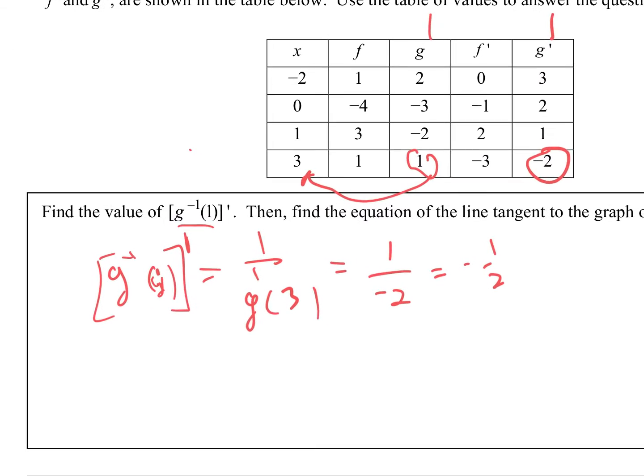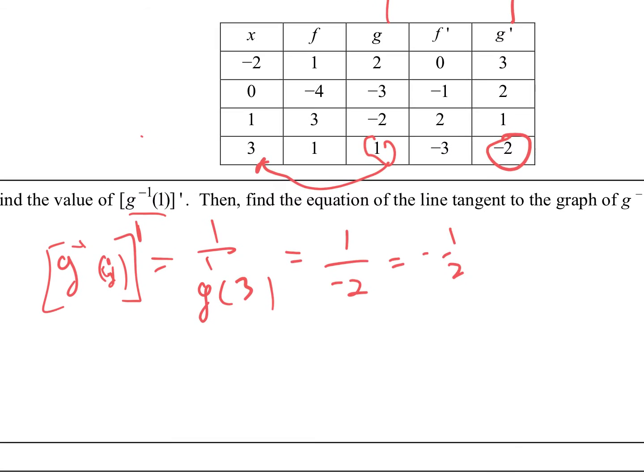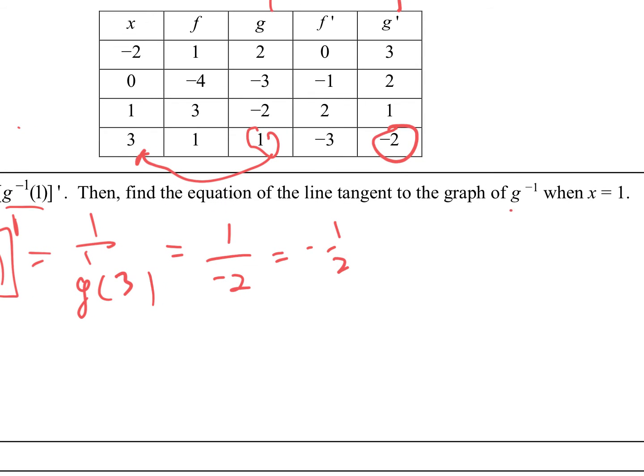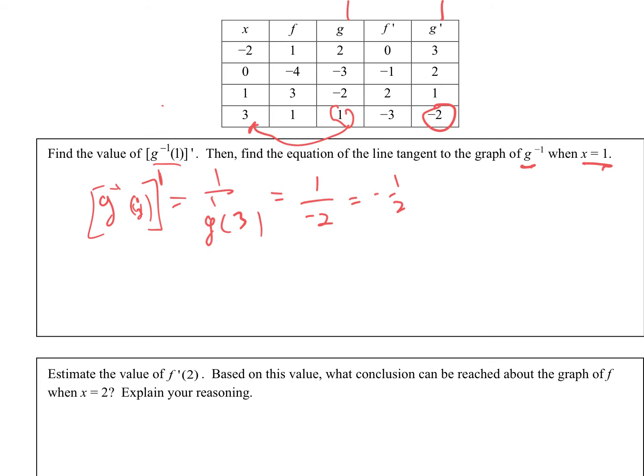Okay, I didn't follow the directions. He said find the value of this, then find the equation of the line tangent to the inverse graph when x equals 1. What did I just find if I'm doing a tangent line? The slope. Okay, this is called the slope of the tangent line. So we're half done.